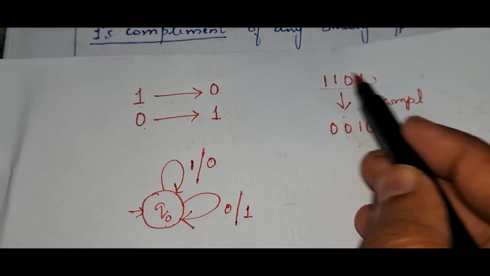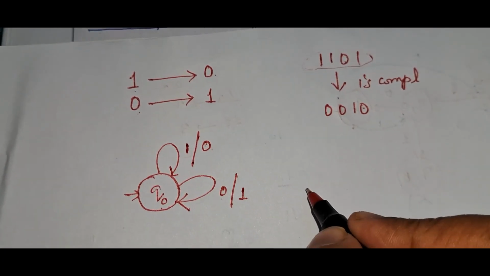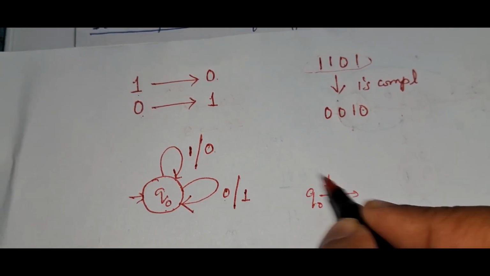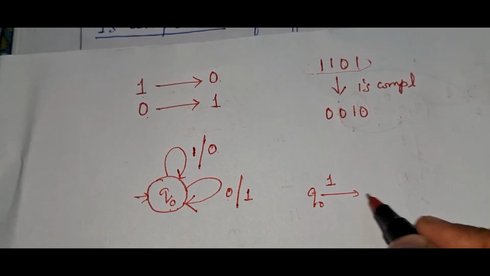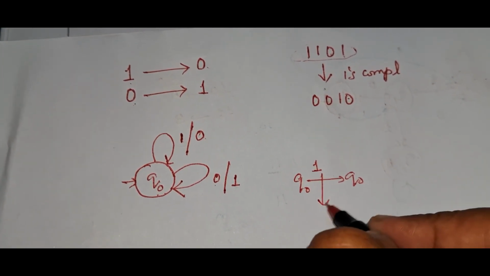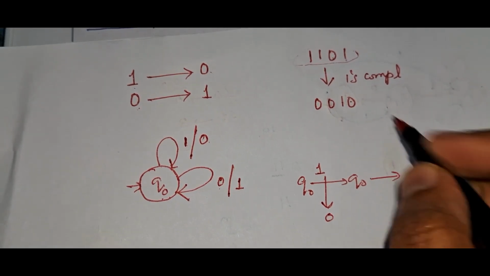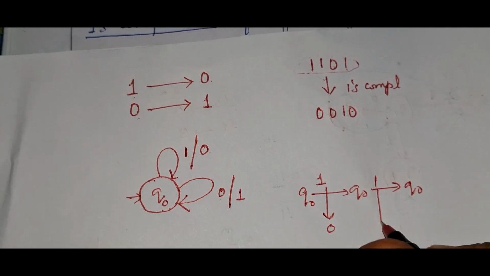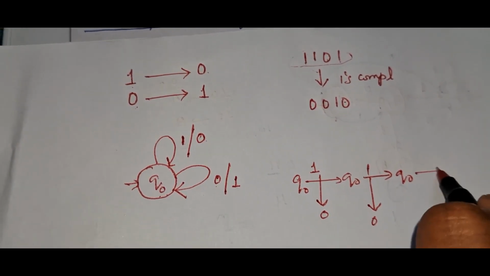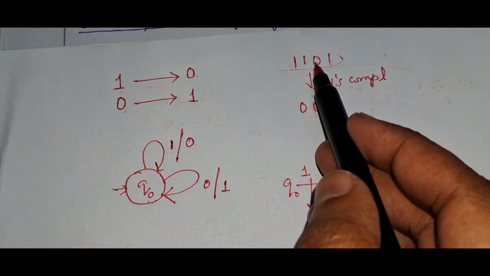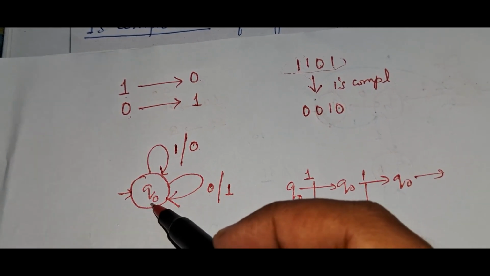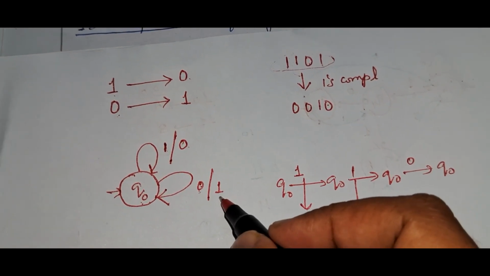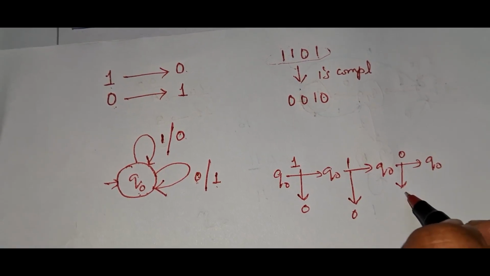In the same example, Q0 is the starting state. While seeing the input 1, it moves to Q0 itself and outputs 0. Then, seeing the next 1, it goes to Q0 and outputs 0. Then the next input symbol is 0, so it moves to Q0 and outputs 1.